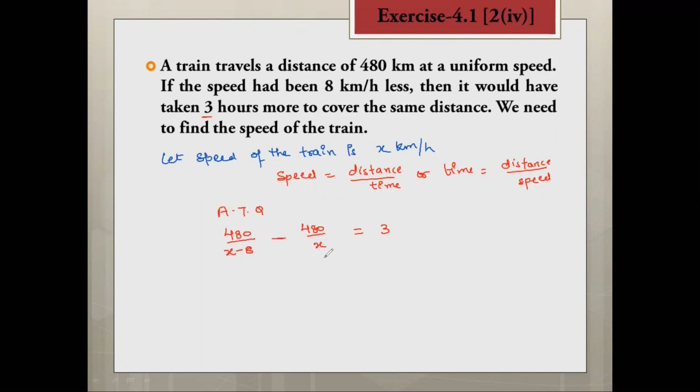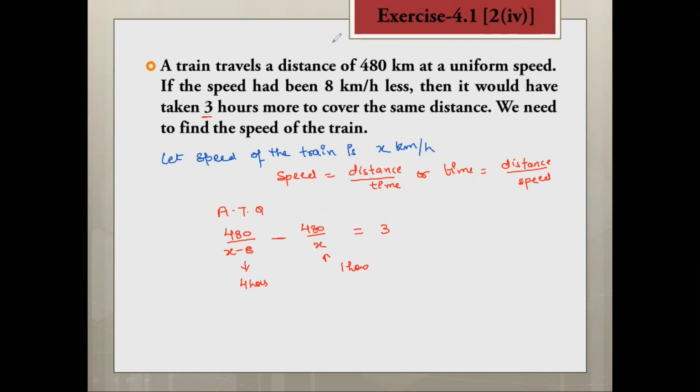If this train covers a distance in 1 hour then this train will cover the same distance in 4 hours because it will take 3 hours more. So that is the reason we are writing it as 480 by x minus 8 minus 480 by x is equal to 3.